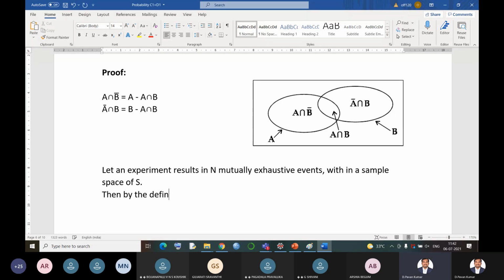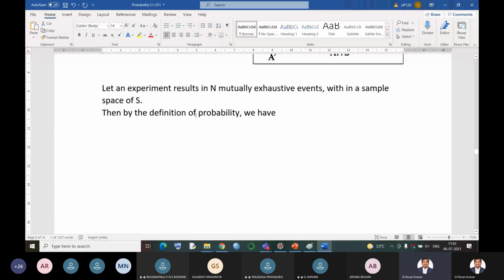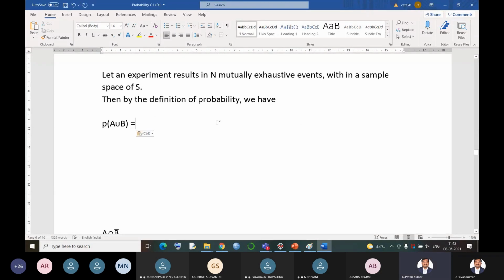Then by the definition of probability, I'm going to take the left hand side and try to prove our right hand side.